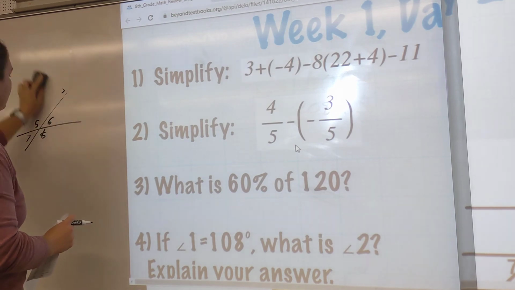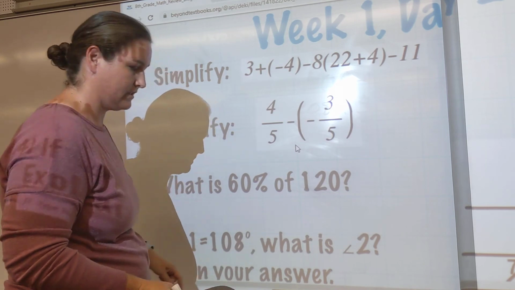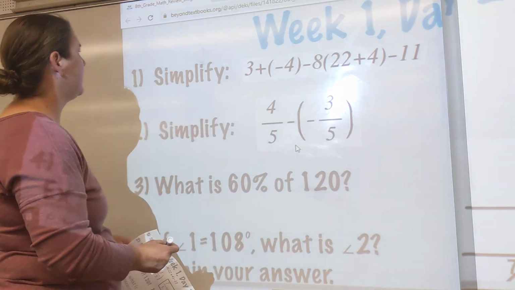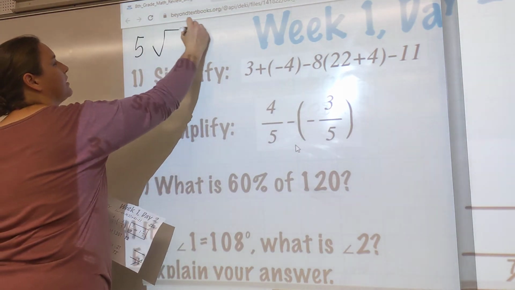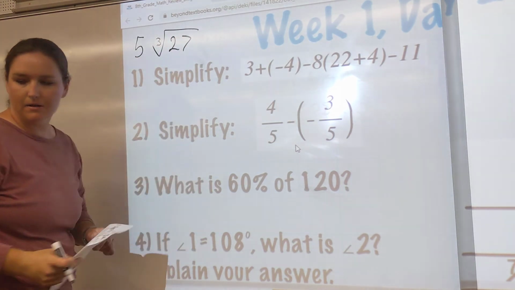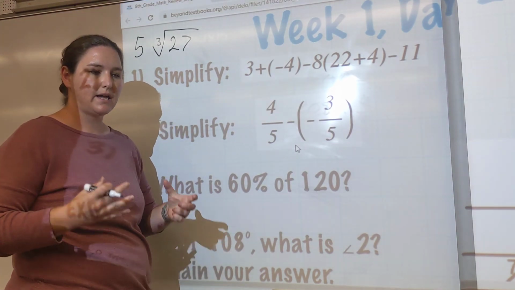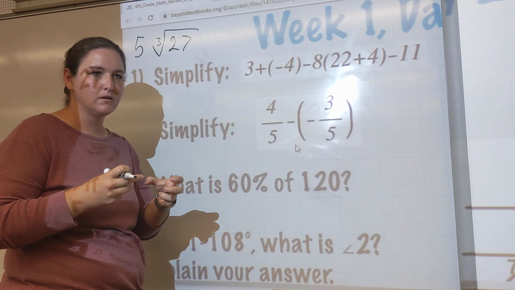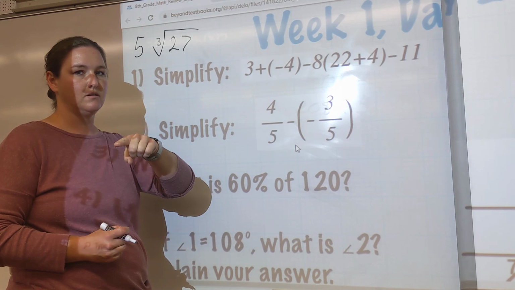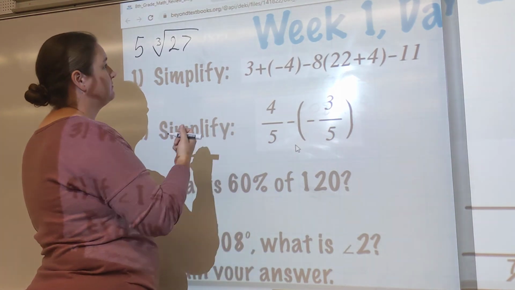All right, last one for the review. Is not on here, but it is on my paper, and it's on your paper too if you're following along. Okay, so number 5 is a cubed root, that means that there's a 3 right here, of 27. Now this basically just says what number, if you multiply it 3 times by itself, is going to equal 27. So think about it. What number, we'll start with low numbers.